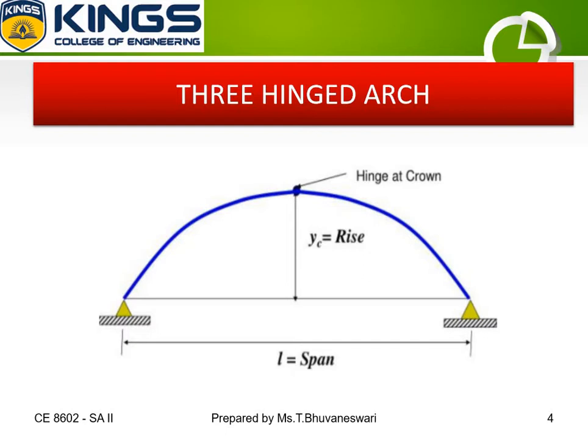The deck may also be supported at the level of the springings by suspending a stringer beam along the length from a series of suspenders from the arch to the stringer. Such an arch would be called a bowstring girder.